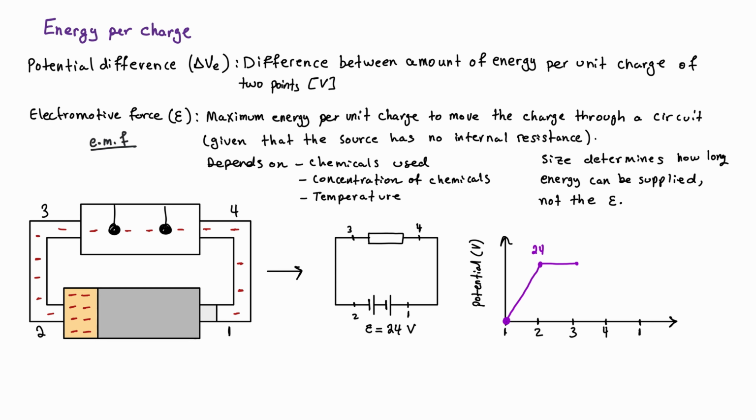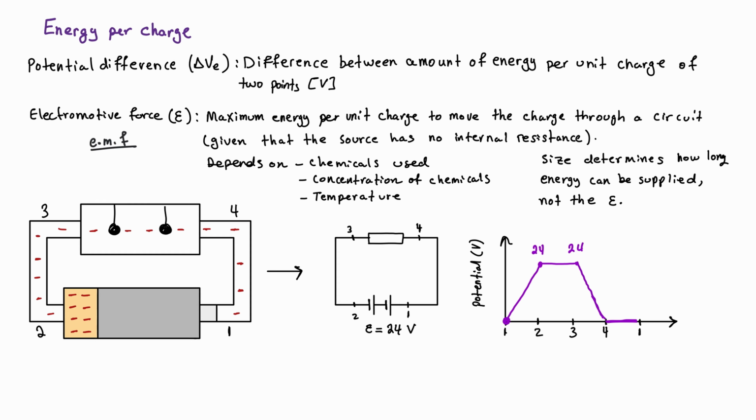From 3 to 4 in this specific circuit, they start bumping into different particles here, and as they bump into each one, the ability to do more work keeps decreasing and decreasing, eventually to 0 at point 4. So this is still 24, and at point 4 it's 0, so I'm going to draw that with a drop here. And then from 4 to 1, this is going to stay the same.